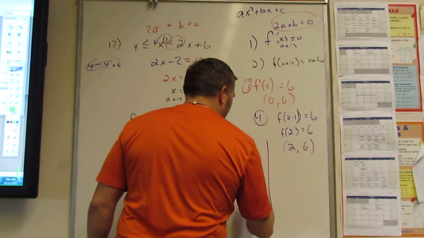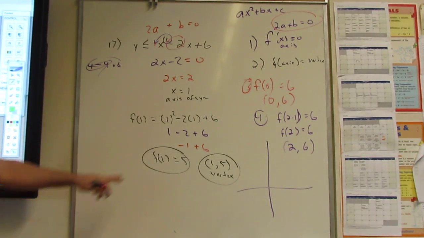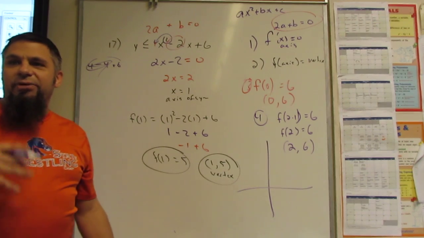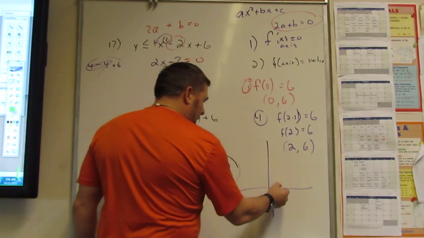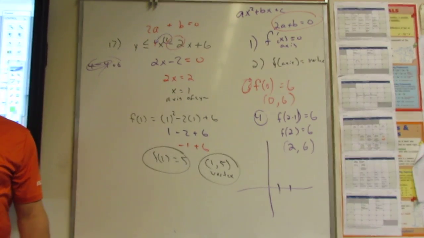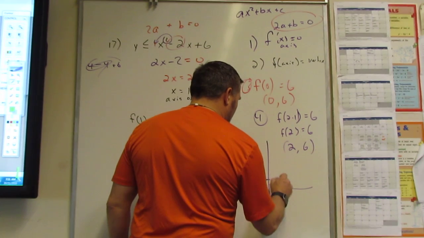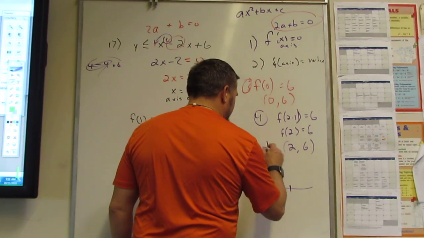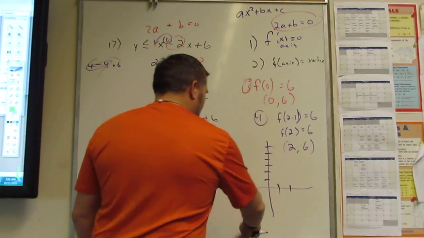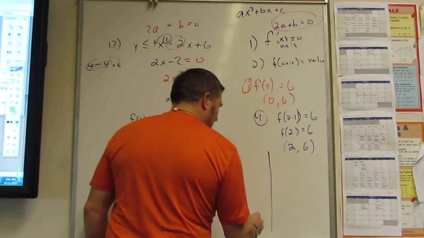Okay? Now here's the graph. I've got a 1, 5, I've got a 2, 6, and a 0, 6. So I've got 1s and 2s. So how about I go 1 and 2 in the x's. And then I go up to 6 in the y's. So can I just go 1, 2, 3, 4, 5, 6, like that? And so maybe I need to bring this down a little bit so it's not in my way.